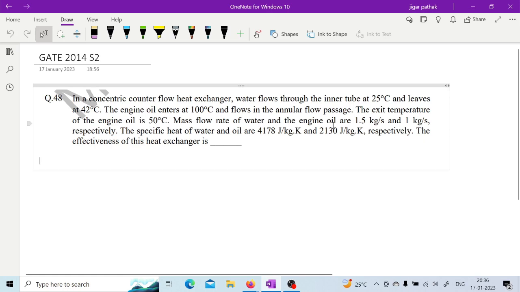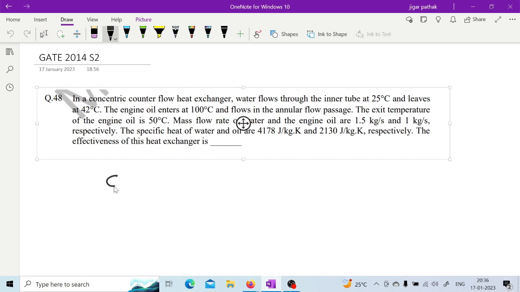Mass flow rates of water and engine oil are 1.5 kg per second and 1 kg per second respectively. The specific heats of water and oil are 4178 joule per kg K and 2130 joule per kg K respectively. Now the effectiveness of this heat exchanger you can calculate, it is easy only. Can you try this one?